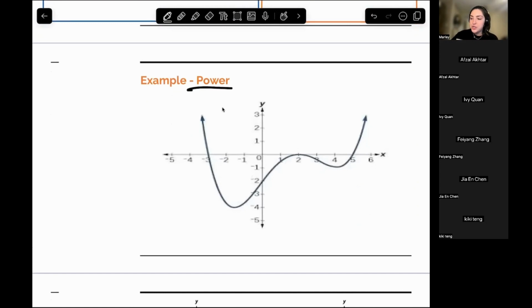So a question could show you this graph, right? And then they'd expect you to be able to rewrite the equation like, something squared, something, etc., with all the factors. So let's take a look at this one. If I had to write out what I think the equation would be using the x-intercepts or the roots, how would I do that?